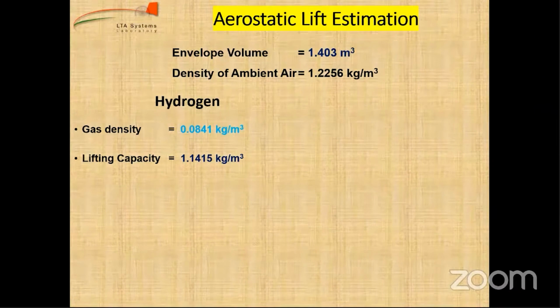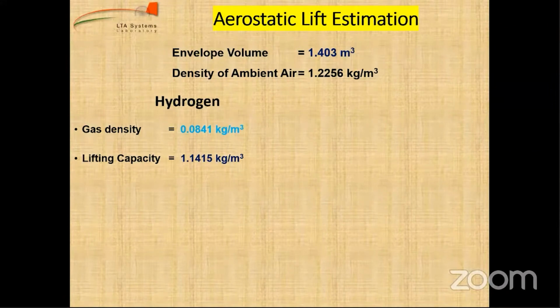Density. Correct. So again, I am telling you again and again that the lift produced by any envelope with LTA gas is a result of the difference in density between the ambient air and the gas inside it. That's simple. Ambient air density is known, gas density is known. Just subtract, so that effective value is what is producing the lift, right?